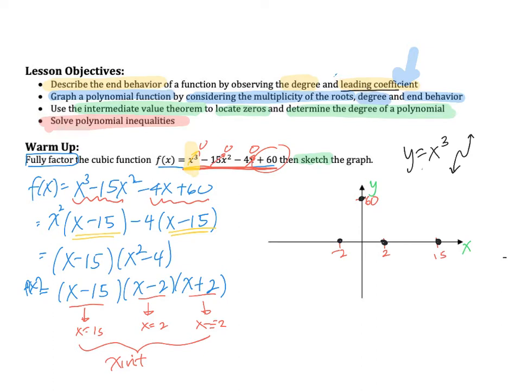So see up here, all of this is very important: the degree is cubic, and the leading coefficient is positive, so my graph is going to be increasing from left to right. So now I know I'm going to go up through the negative 2, up to 60, and down through the 2. We don't know how far down we're going to go, but we don't care. You don't need to put that point on your graph. So this is a sketch of the graph, and you're done.